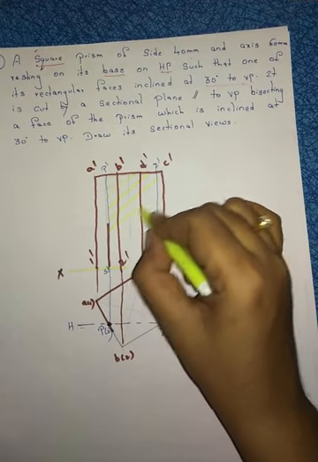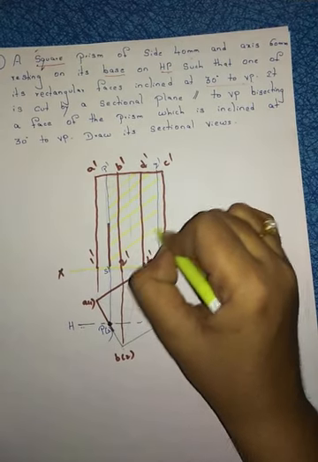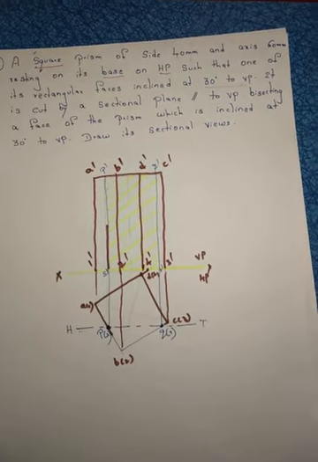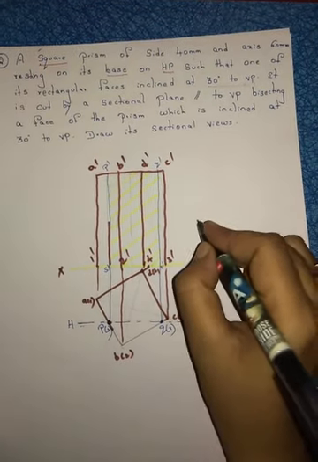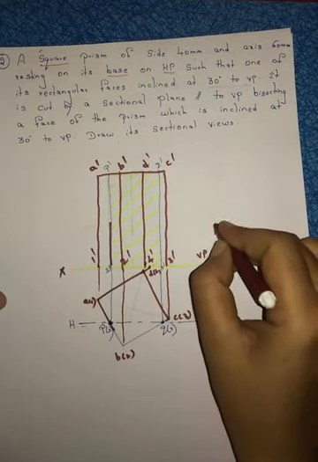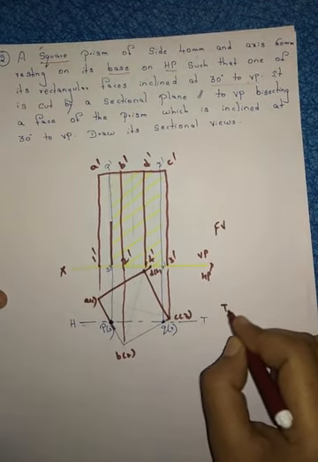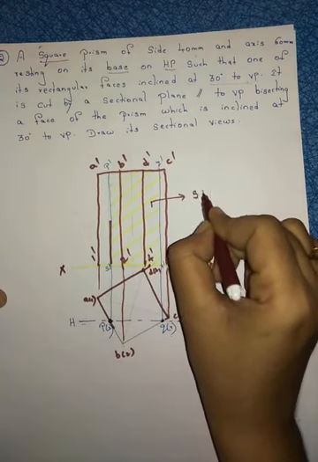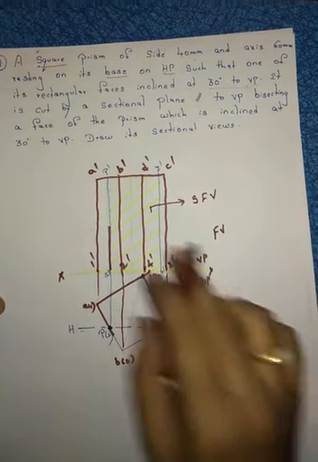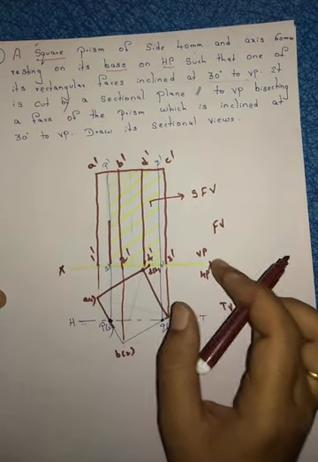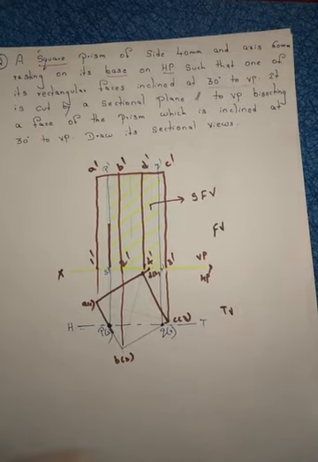P dash, Q dash, R dash, S dash. Draw the sectional view. Draw the hatching lines here. Right? So after drawing the hatching lines, name it: this is your front view, this is your top view. This hatched portion is nothing but the sectional front view. We are drawing the hatching lines in the front view, so name it as the sectional front view.